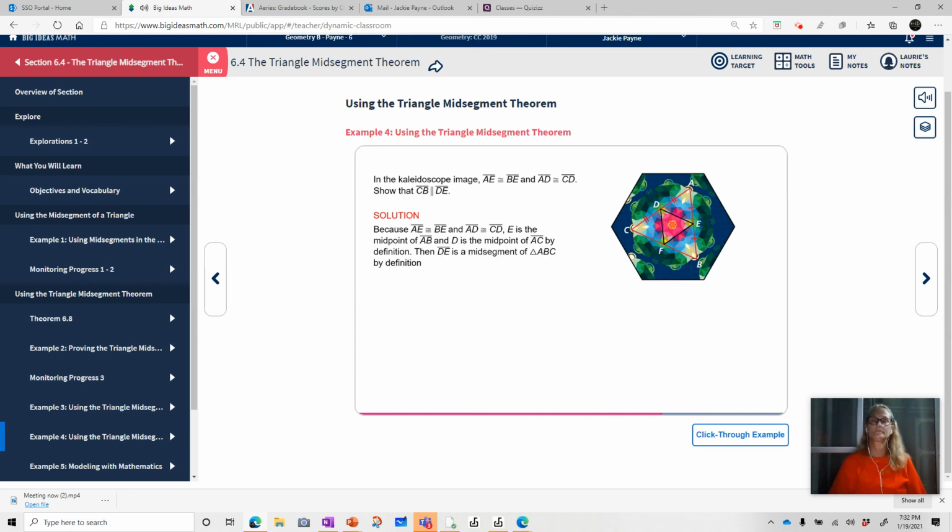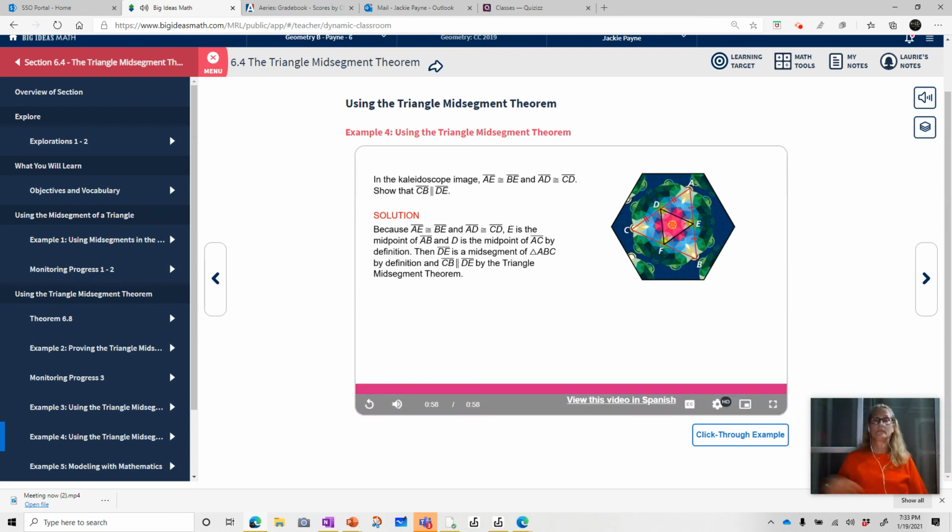Then segment DE is a midsegment of triangle ABC by definition of midsegment. And segment CB is parallel to segment DE by the triangle midsegment theorem. That's all you got to do.